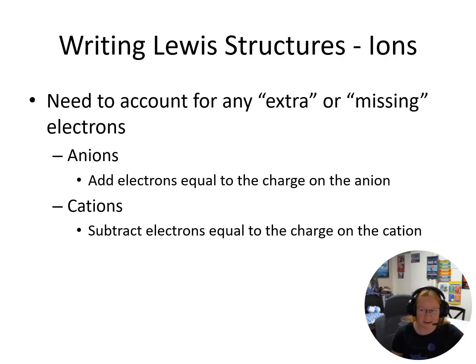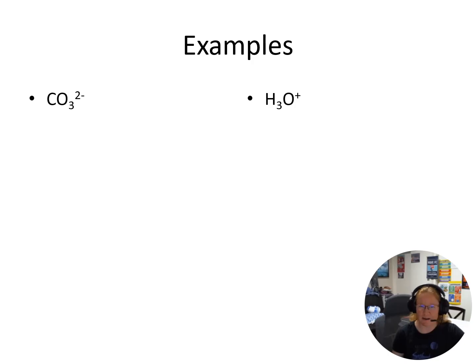This should not be a surprise. We do ions in our prep chem classes, but let's practice a couple. So here's the carbonate anion and the hydronium cation. So carbonate, you can do 3 resonance structures for it. Just draw one because the charge and the formal charges are the same no matter which resonance structure you have. So pause, try these.